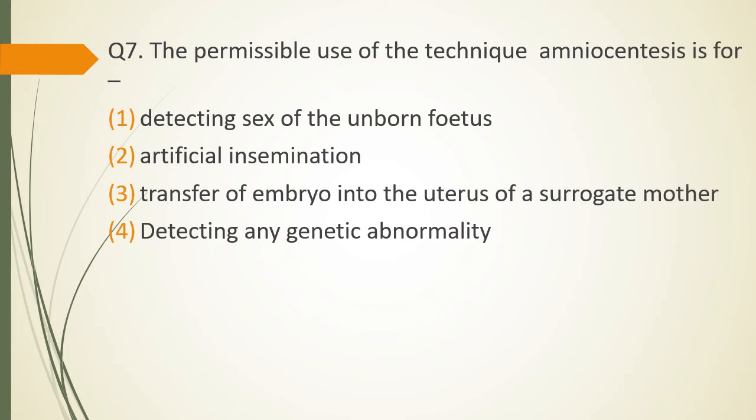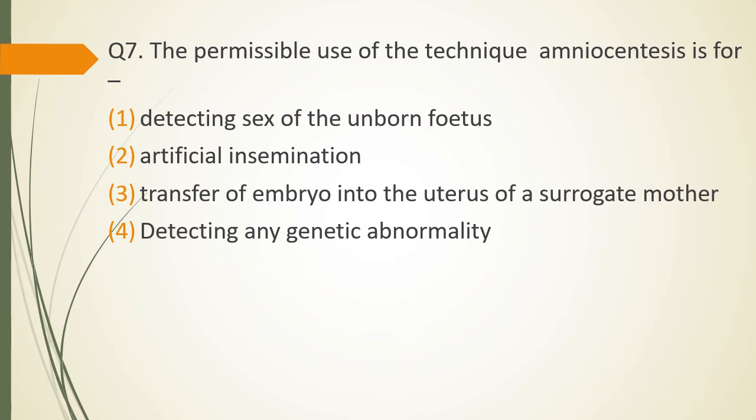Question number 7. The permissible use of the technique of amniocentesis is for detecting sex of unborn fetus, artificial insemination, transfer of embryo into the uterus of a surrogate mother, detecting any genetic abnormality. Amniocentesis is a technique in which the amniotic fluid is taken out and the cells of the baby are studied, right?